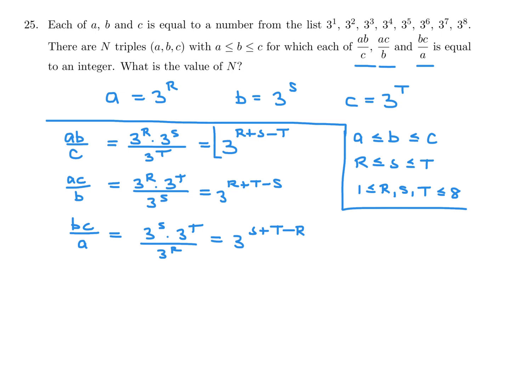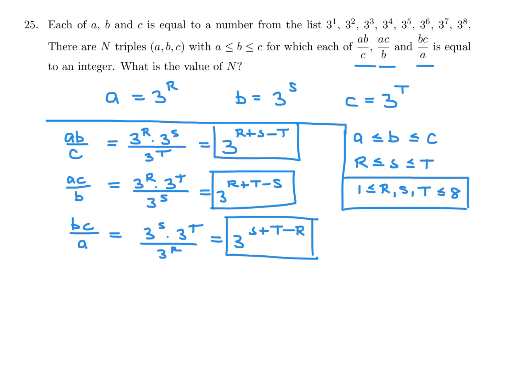So we want this guy to be an integer, that one to be an integer, and that one to be an integer. So how do we make them integers? Well, they will always be integers, right? Since r, s, and t are integers themselves. But not always, because sometimes it might be a negative number.